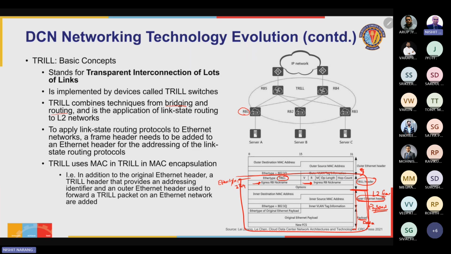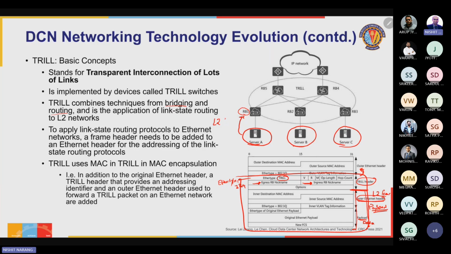The reason why we've done this encapsulation is that I don't need any changes on the servers. Now that you've seen the packet format, let me explain why so many encapsulations. I don't want these servers to be impacted. What are these servers generating to the access switches?